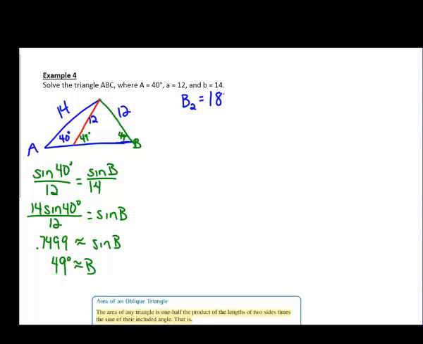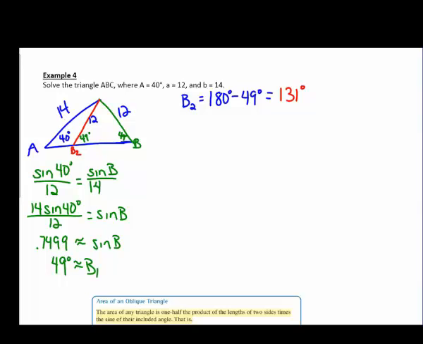So if I take 180 degrees and subtract that 49 degree angle, that will give me B sub 2. And so what I get for B sub 2 would be 131 degrees. Now, if I can add that to the 40 degree angle and get something less than 180 degrees, I do have another triangle. So 131 plus 40 is 171. So yes, we can make another triangle out of that. And so we know we can solve two triangles.